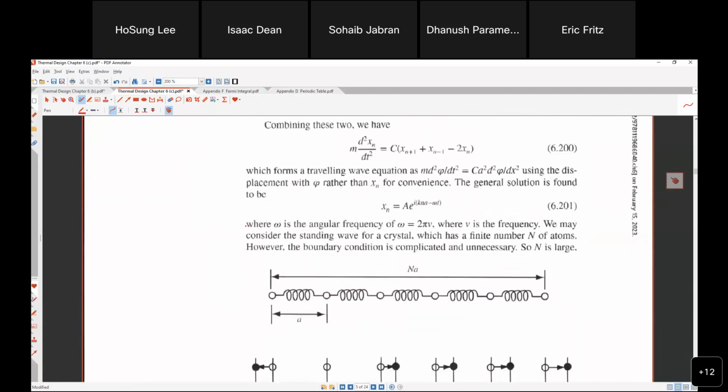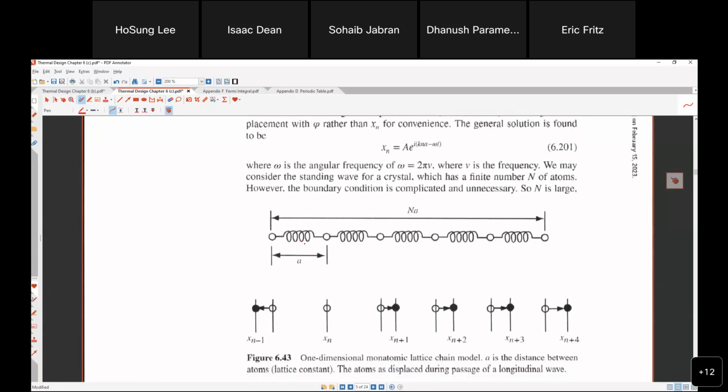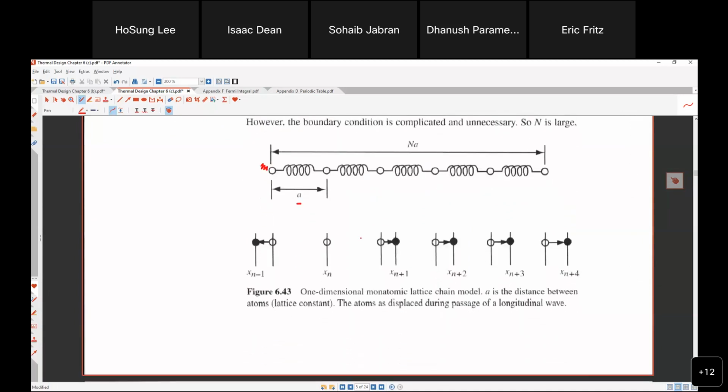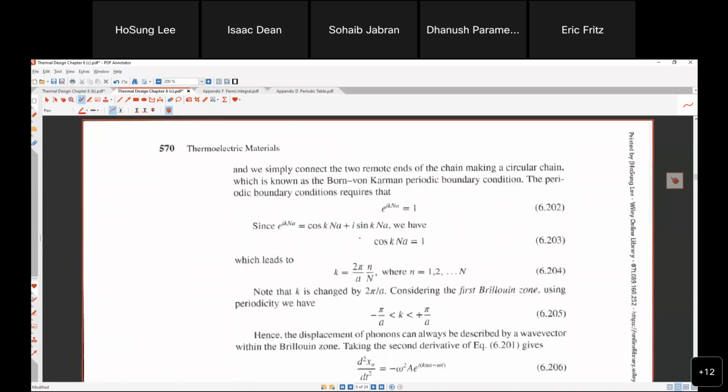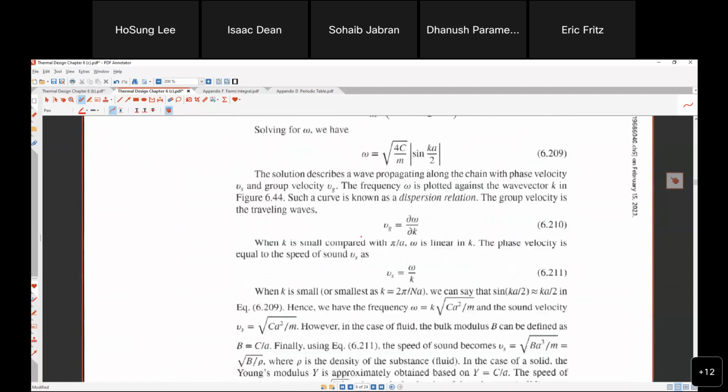And then we discussed, first of all, monatomic, just one type of atom. So only A, one type, mass M, a number of A atoms. And then we just figure it out mathematically.